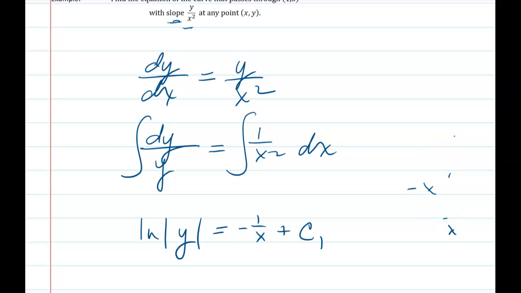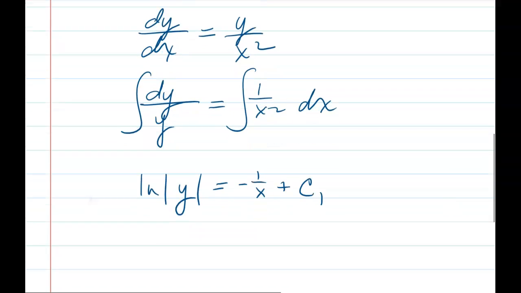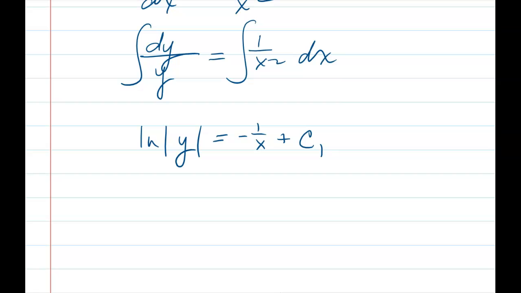We don't really need that little scratch work on the side anymore, do we? And we'll exponentiate now. That will give us the absolute value of y is e to the c1 times e to the negative 1 over x, like so. Now the right side is interesting.